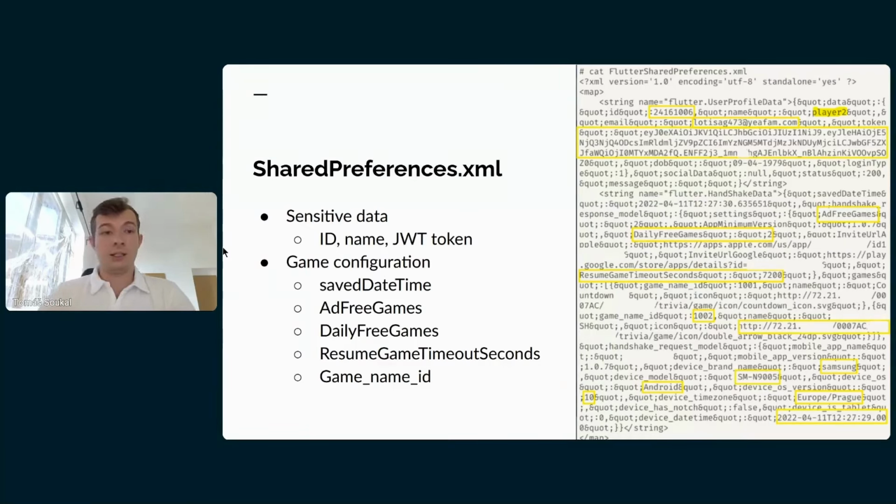I recently reverse engineered some gaming application that had a lot of interesting data stored directly in shared preferences. Android developers already know shared preferences as the default storage for simple data. And for iOS developers, I don't recall the name, but there is also a similar basic file used for preferences.